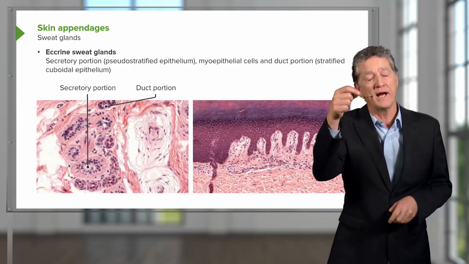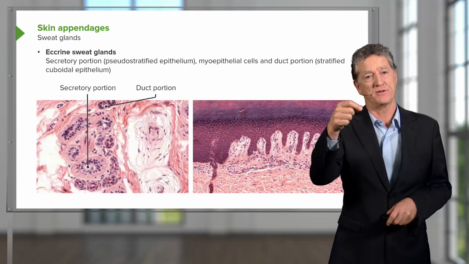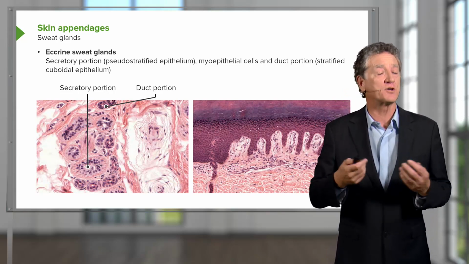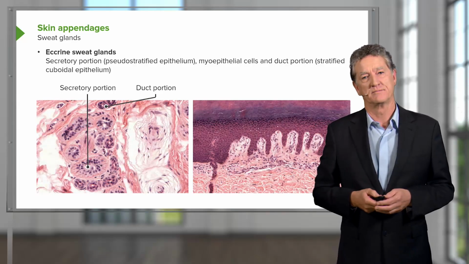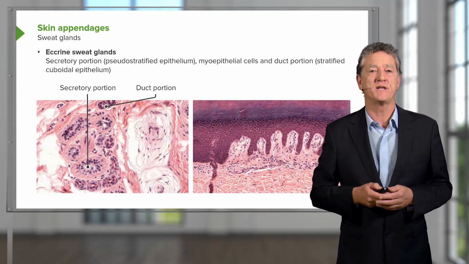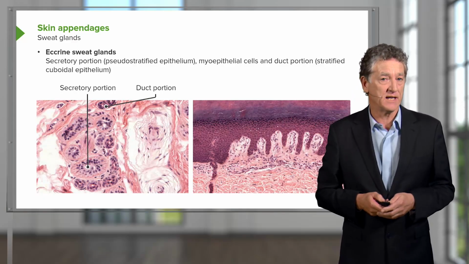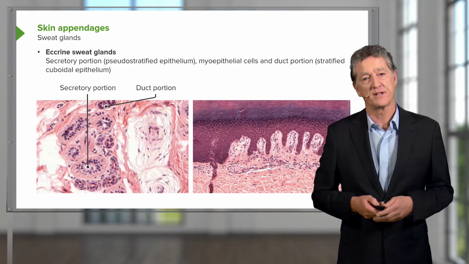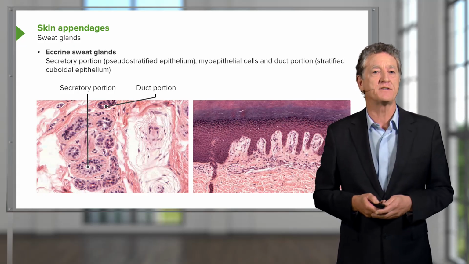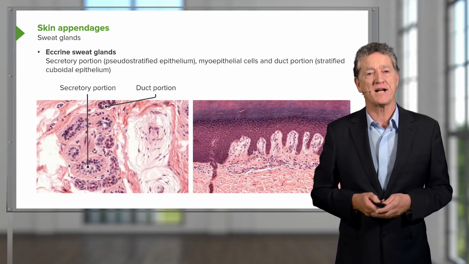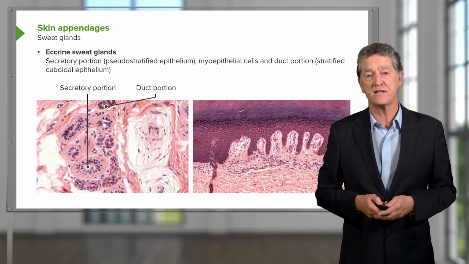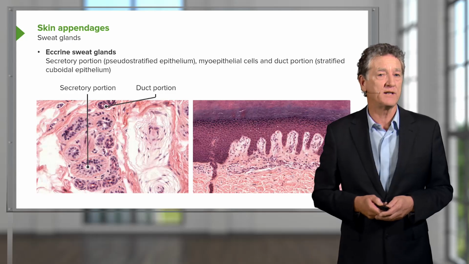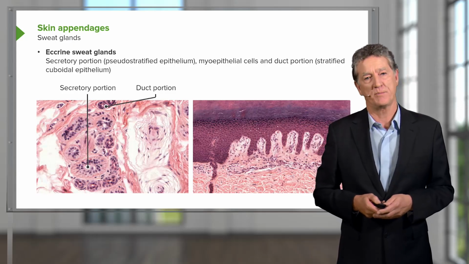What you hold in your hand is the duct portion, and what's coiled down the bottom on your kitchen bench is the secretory portion. So when you cut through that piece of spaghetti at various levels, you're going to see different profiles of the spaghetti, such as what you see here in this image. You can see parts of the duct system cut transversely, perhaps sometimes longitudinally or obliquely, the same with the secretory portion.